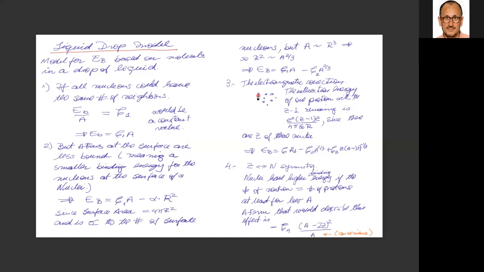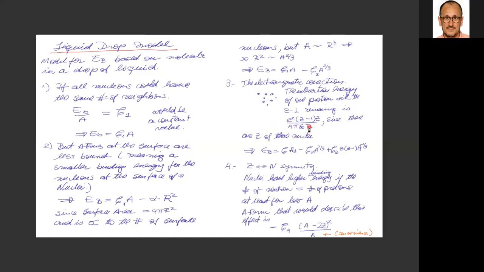So r will be the distance between this particular proton and the Z minus 1. And I would say, let's do the same thing for each one of the protons, so I have to multiply that by Z times. So this here is something that looks like the interaction energy of all the protons inside the nucleus.